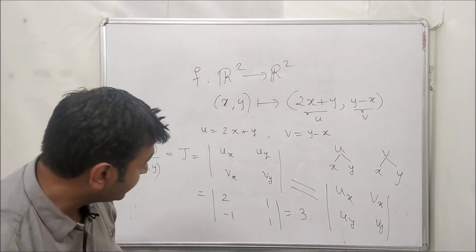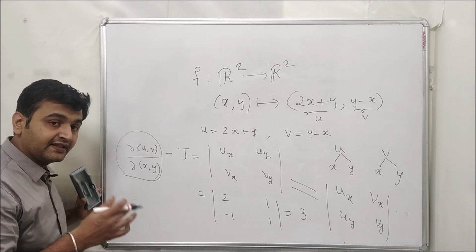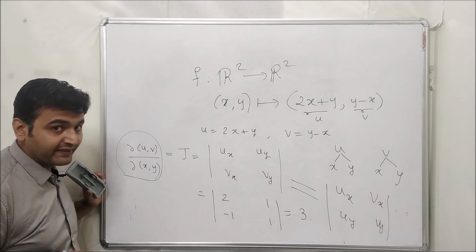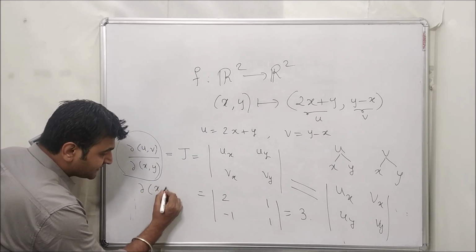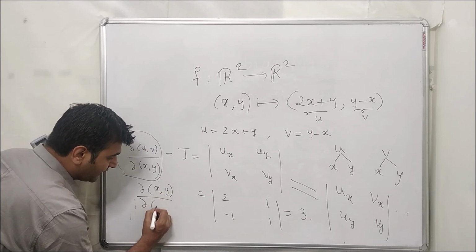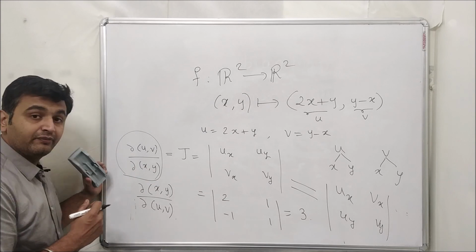Another thing is, once you have this notation, one can say let's reverse the roles of independent and dependent variables. That means, suppose you call x y as dependent and your u v as independent variables. In that case, what will be your matrix?